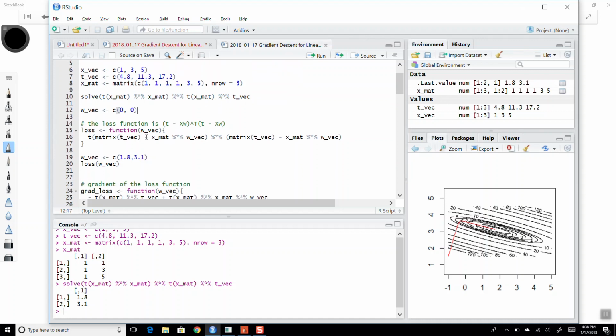So the loss function, again, is t minus xw transpose times t minus xw. All we have to do is put this in matrix form. I just have t minus xw, x times w, the entire thing transposed, times t as a matrix minus xw. So this is going to be the loss function.